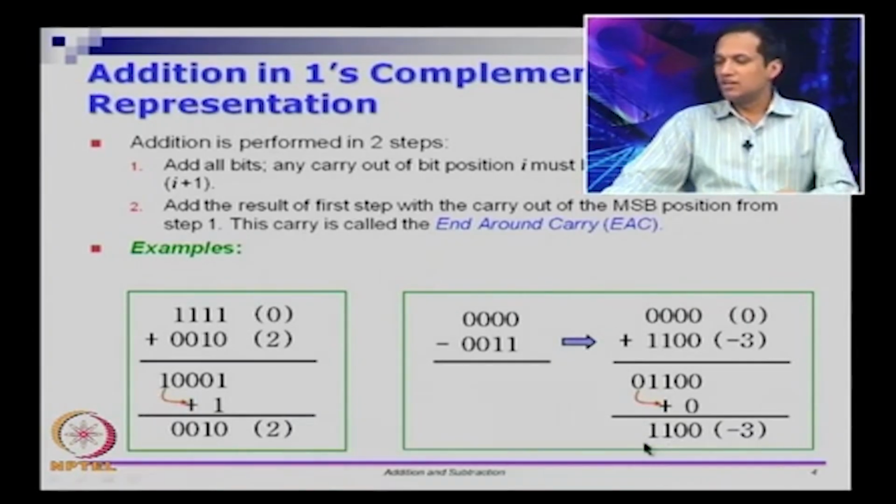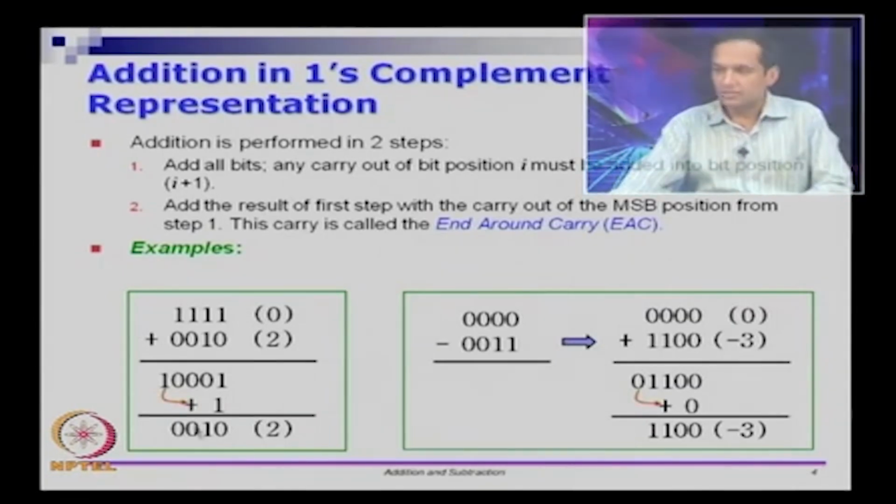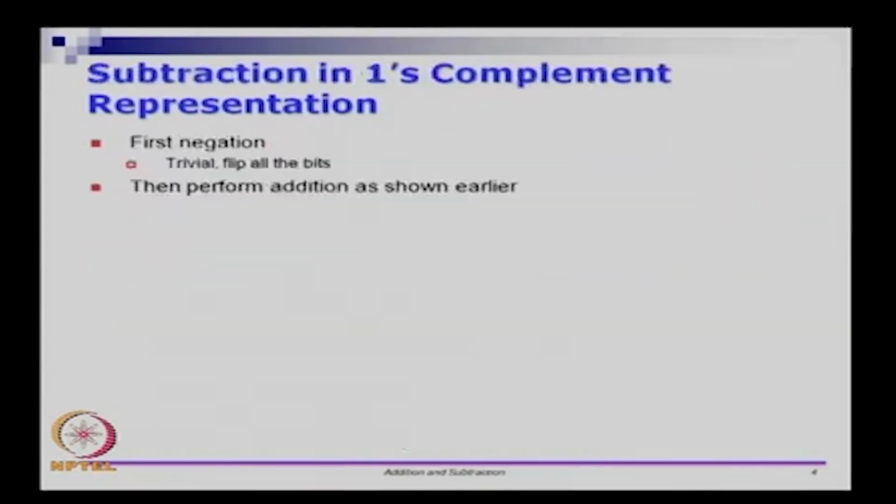Flip all the bits, giving 0 0 1 1, which interpreted in unsigned form is 3, so it is negative 3. Subtraction in ones complement is you first negate, because it is trivial to do, and then you perform the addition as I showed earlier. So it is a fairly straightforward process.